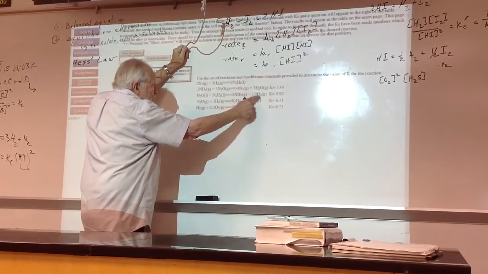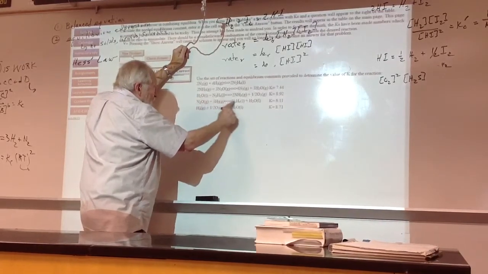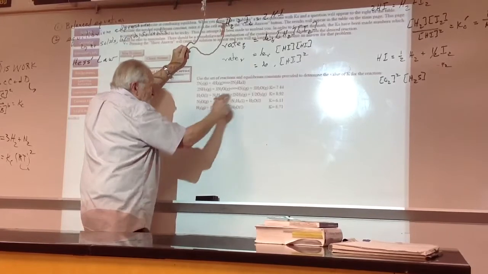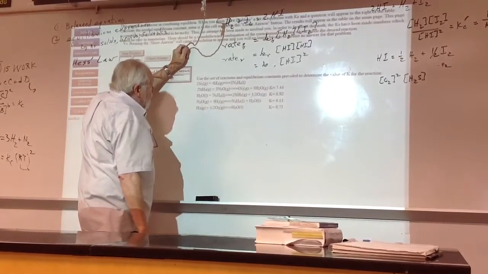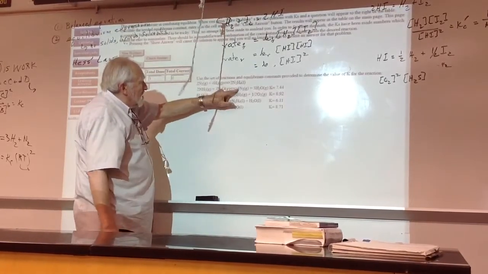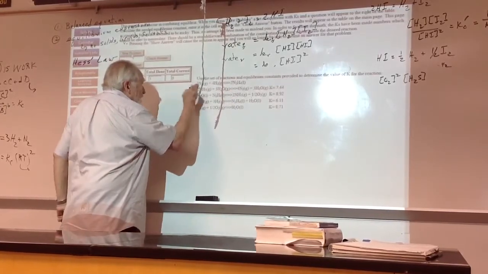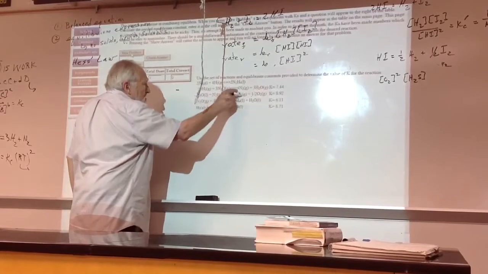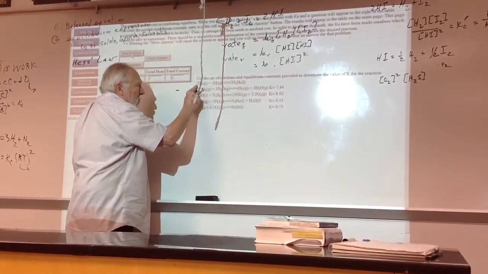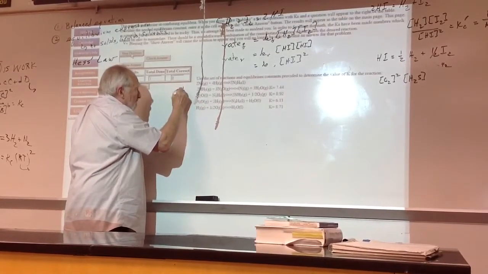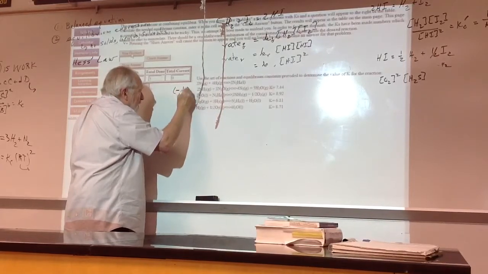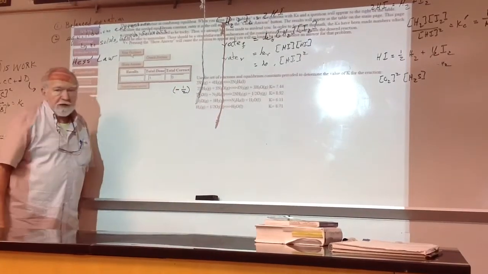Here's nitrogen. No nitrogen. This is the only one with nitrogen. Unfortunately, it's on the wrong side, so I have to use a minus sign to bring it over to the correct side. And this coefficient is 4. This one's 2. So if I multiply by minus 1/2, I'll get the right coefficient for the nitrogen.